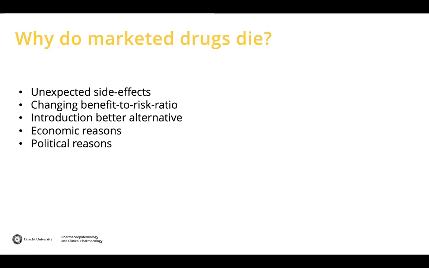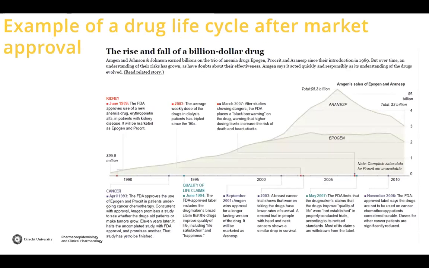As I mentioned, there's an unexpected side effect. The risk of a side effect far outweighs the benefit. There's a new medication that comes onto the market that might be better. And then, of course, there's economic and political reasons why a medication that's already been approved for use on the market might not actually be successful or be prescribed to patients.